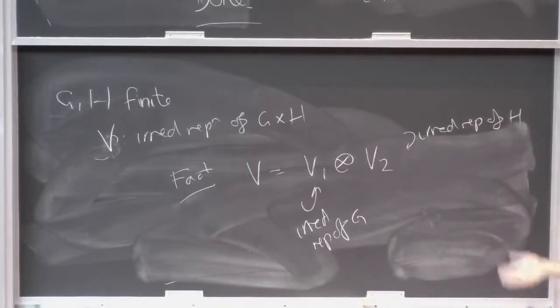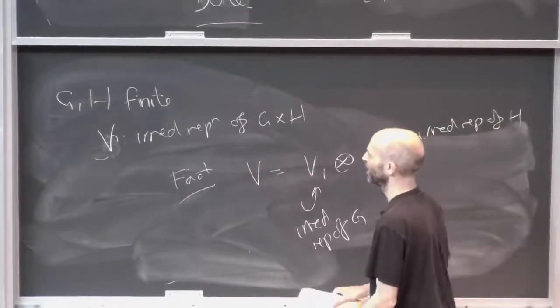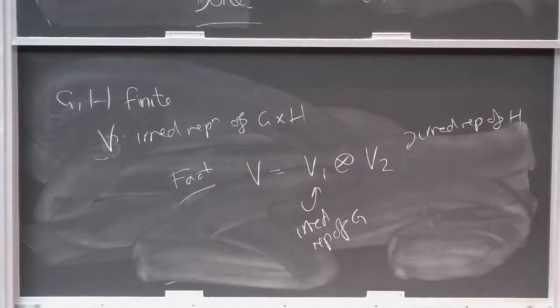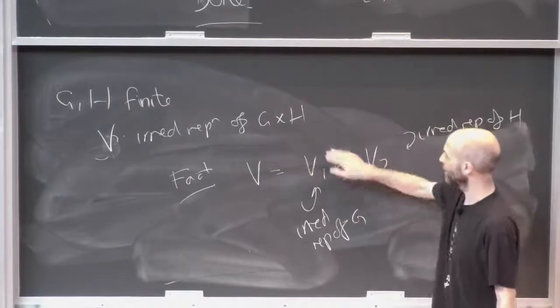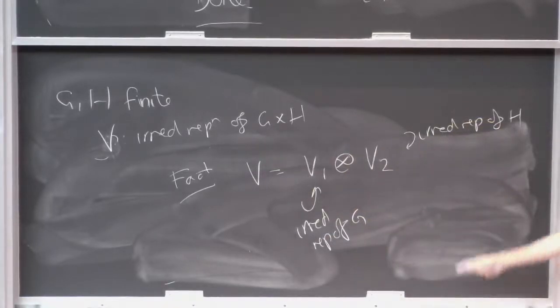Maybe some of you learnt this in undergraduate representation theory. I think it was just about in our undergraduate course, because tensor products are a little bit scary when you're an undergraduate. But that's how it works. You get an irreducible representation of the product, and it turns out to be a tensor product of irreducible representations of the factors.